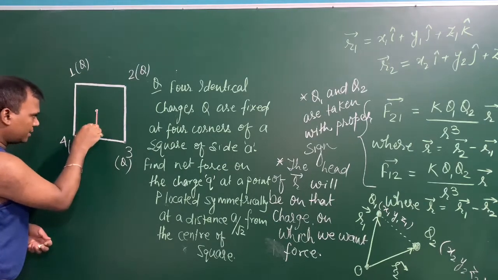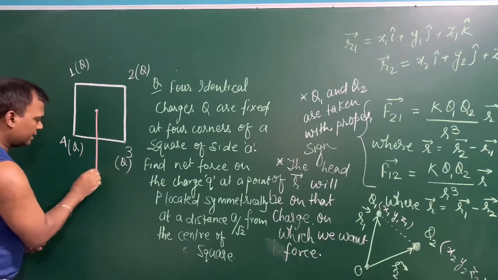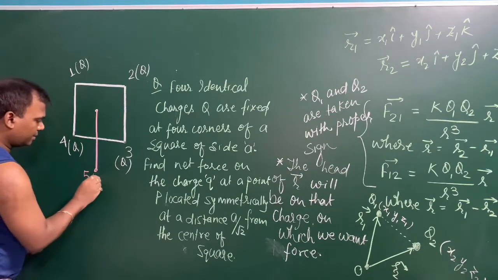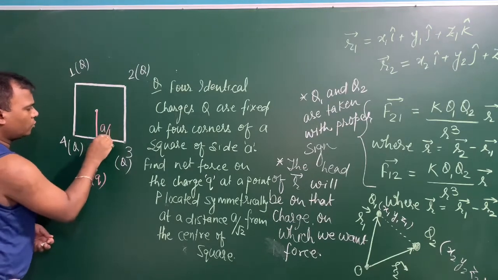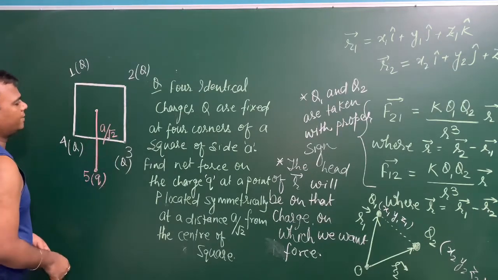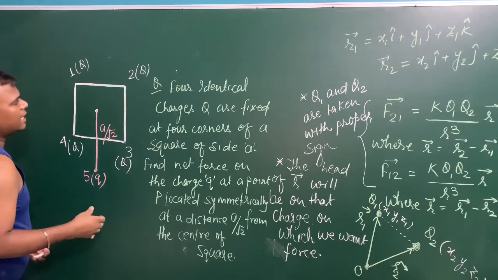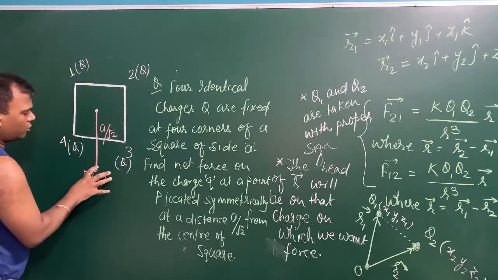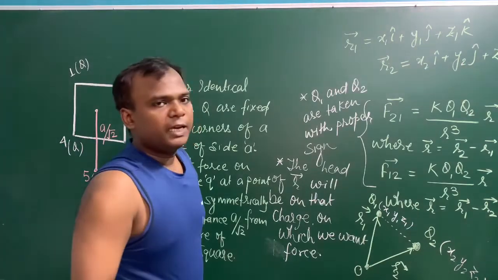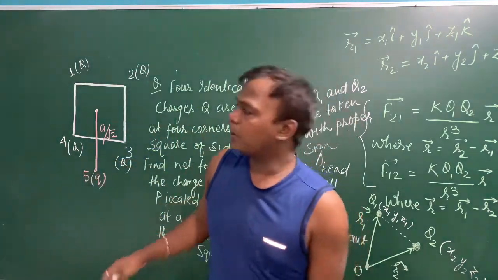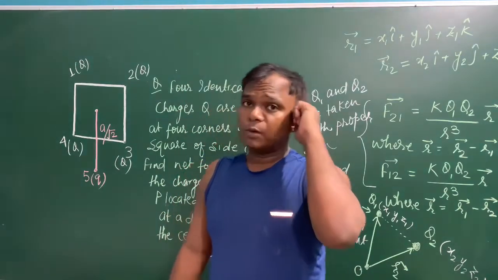So this is the fifth charge, whose distance is a by root 2 from the center of the square, and we are asked to find the net force on this charge.